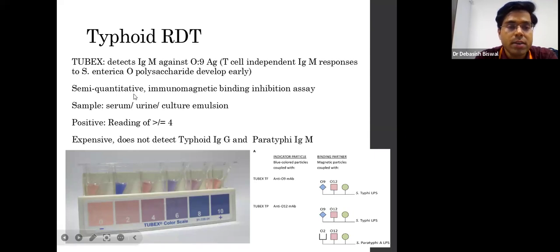It is a semi-quantitative immunomagnetic binding inhibition assay, and it is used on serum, urine, and also culture isolate, right? And the positivity is taken for a reading of more than or equal to 4. Yeah, it is expensive. It does not differentiate between typhoid IgG and paratyphi IgM.